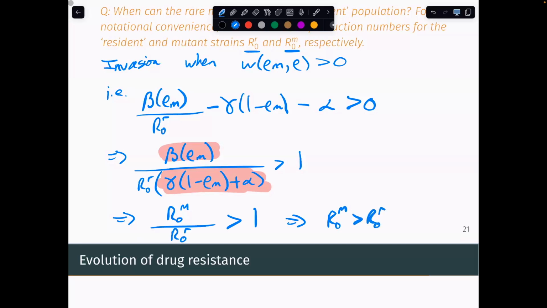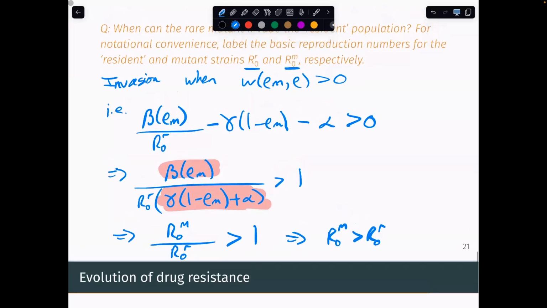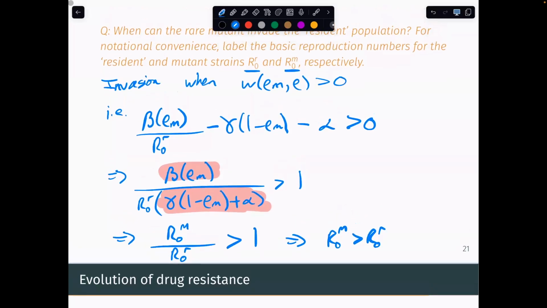So just like in the previous examples, in this case, R0 is going to serve as a fitness proxy itself. We don't necessarily have to go through all the adaptive dynamics. We know that evolution is going to maximize R0 because whenever R0 for our mutant is greater than R0 for our resident, our mutant can invade.